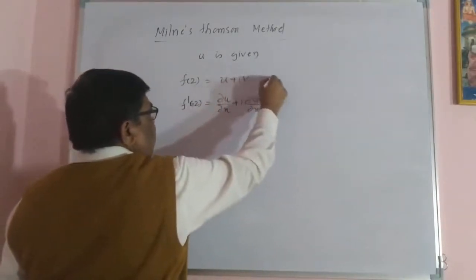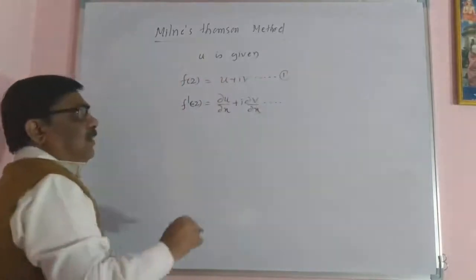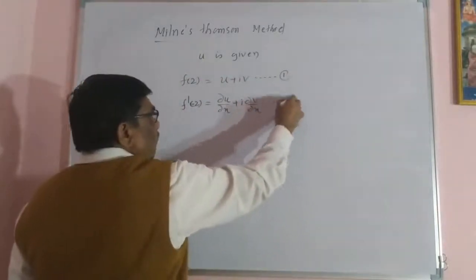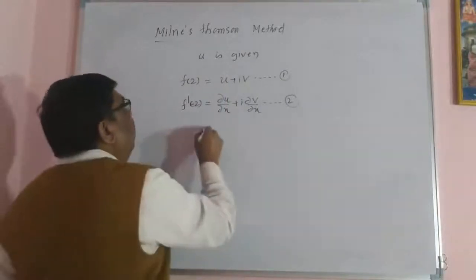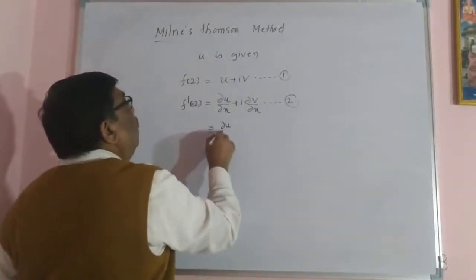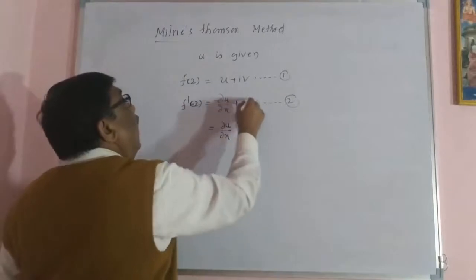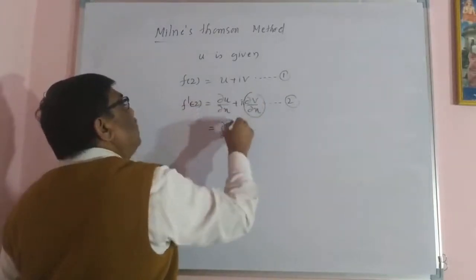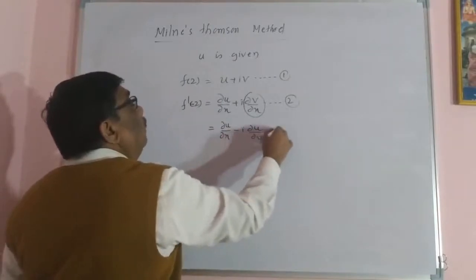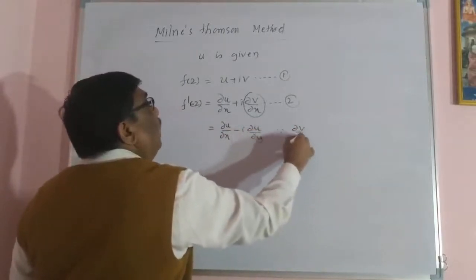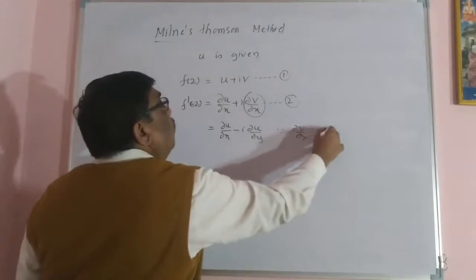This is the required result. But by CR equation, dou v by dou x is minus dou u by dou y.